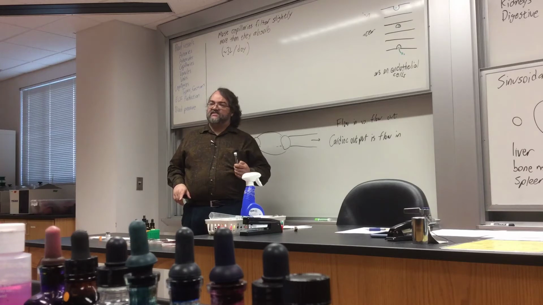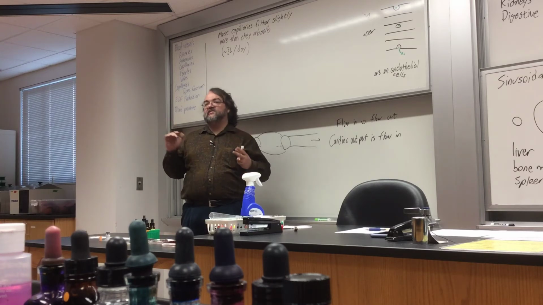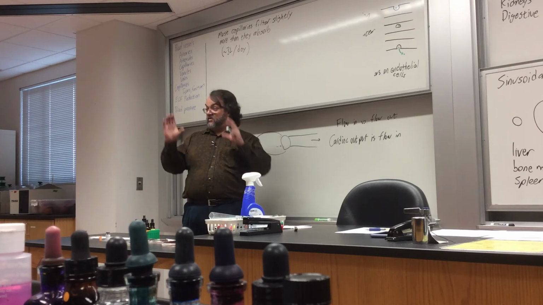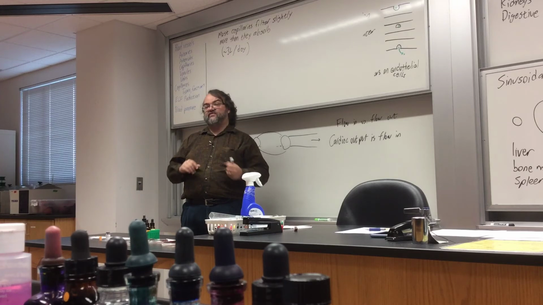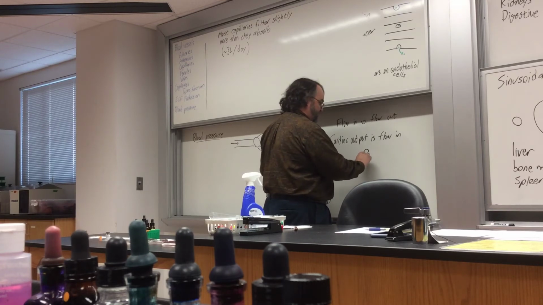Well, what's the next vessel in line? Arteries, arterioles. How easily blood can leave the arteries depends mostly on the constriction of the smooth muscle in the arterioles, which we call peripheral resistance.